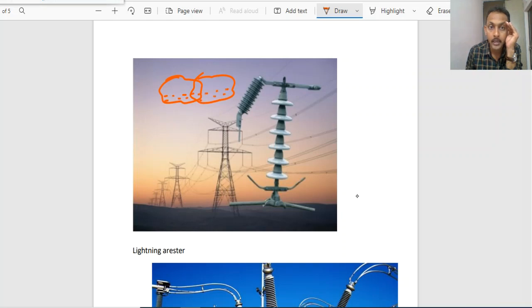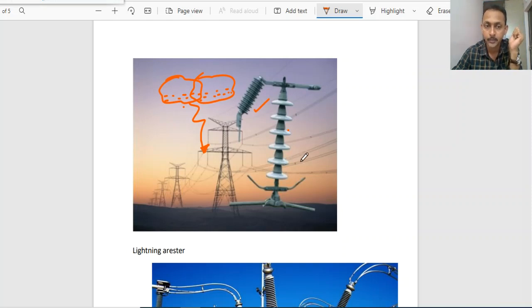They will always be searching for a sharp object to discharge, which leads to a lightning stroke. Once a lightning stroke occurs, these lines may get damaged. So lightning arresters protect the transmission lines, and act like surge arresters. The lines are protected from lightning strokes. They provide a low-resistance discharge path for the lightning stroke to discharge instead of resulting in heavy short circuit currents.